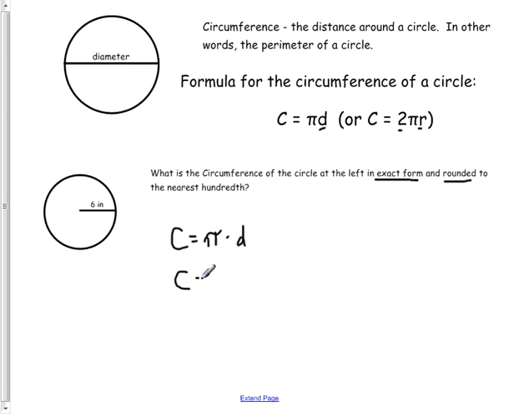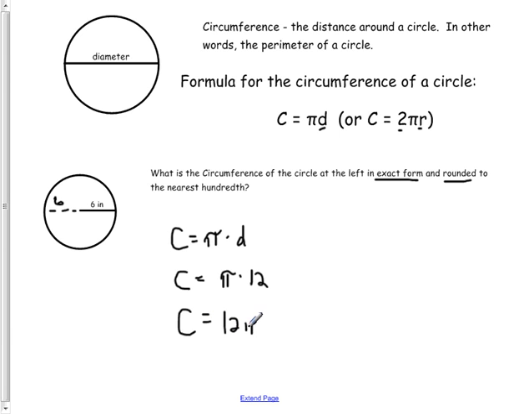So the diameter on this shape is not 6. 6 is the radius, so that means that we would go 6 and 6. So the diameter here is 12. So it'd be pi times 12.